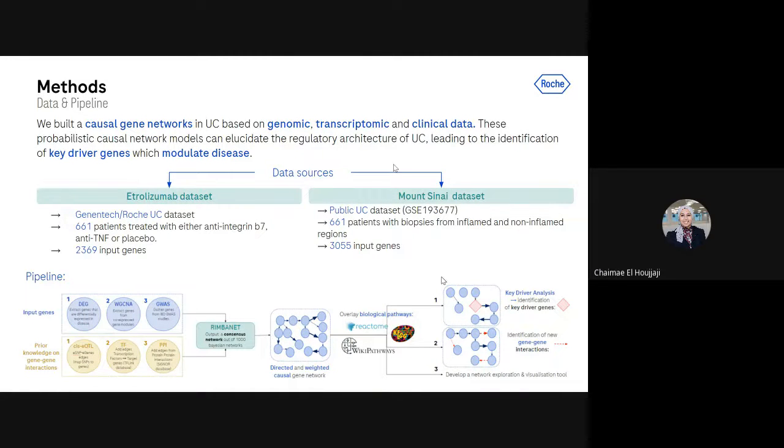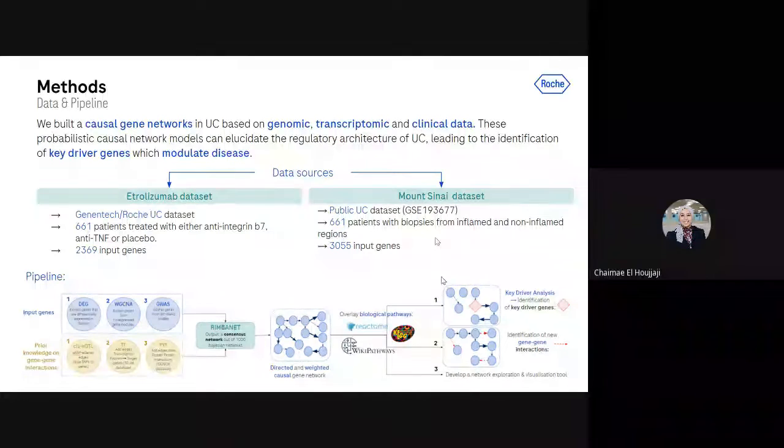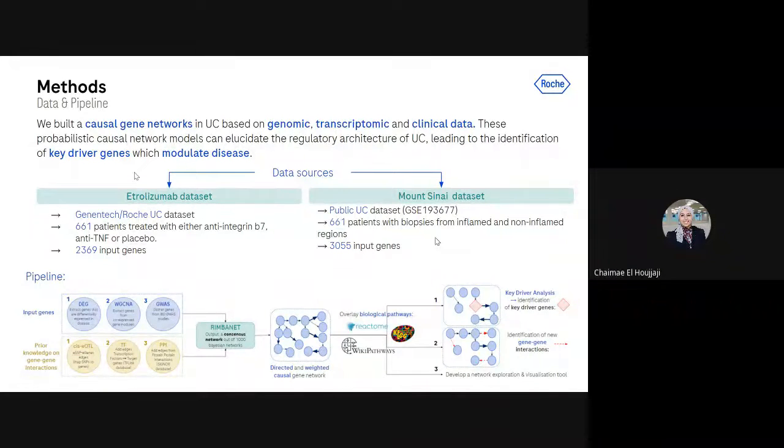The other dataset that we applied our algorithm on is a public UC dataset from the Mount Sinai Hospital, composed as well of 661 patients, with biopsies from inflamed and non-inflamed regions, and we have more than 3,000 input genes in our network for this dataset.